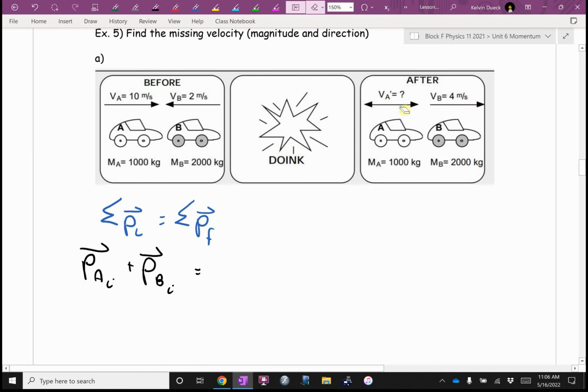And I'm going to guess car A, because they're asking me to find its velocity. Stuck together or separate? The momentum of car A final and the momentum of car B final.